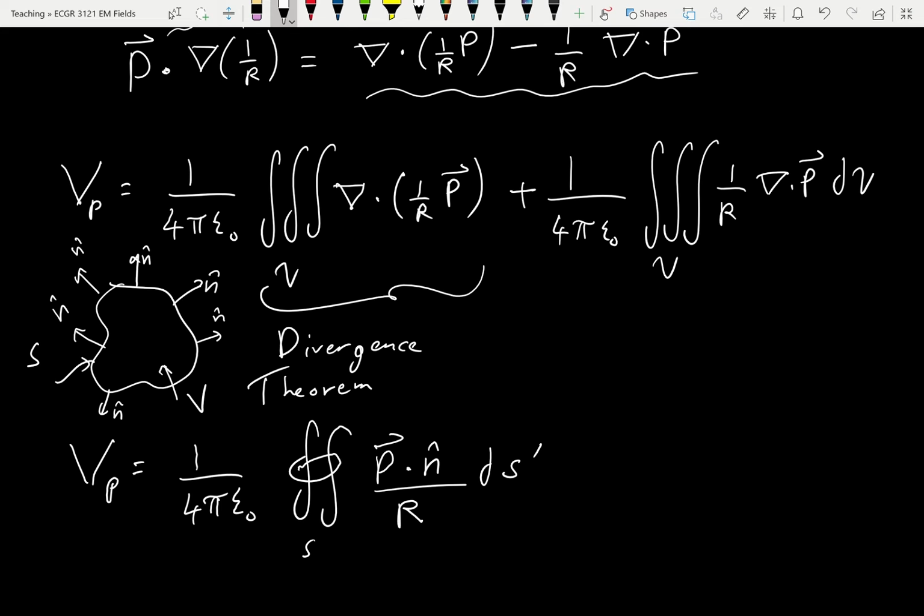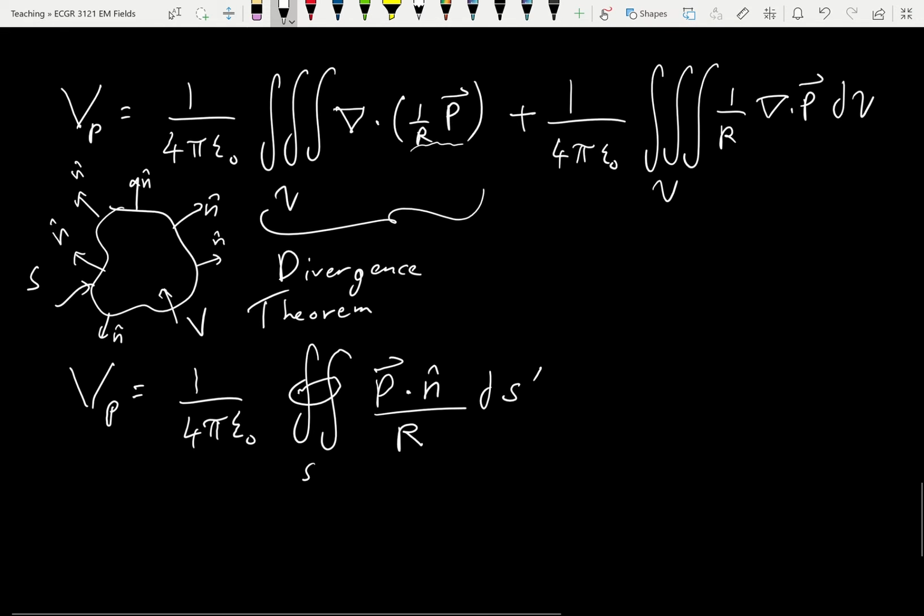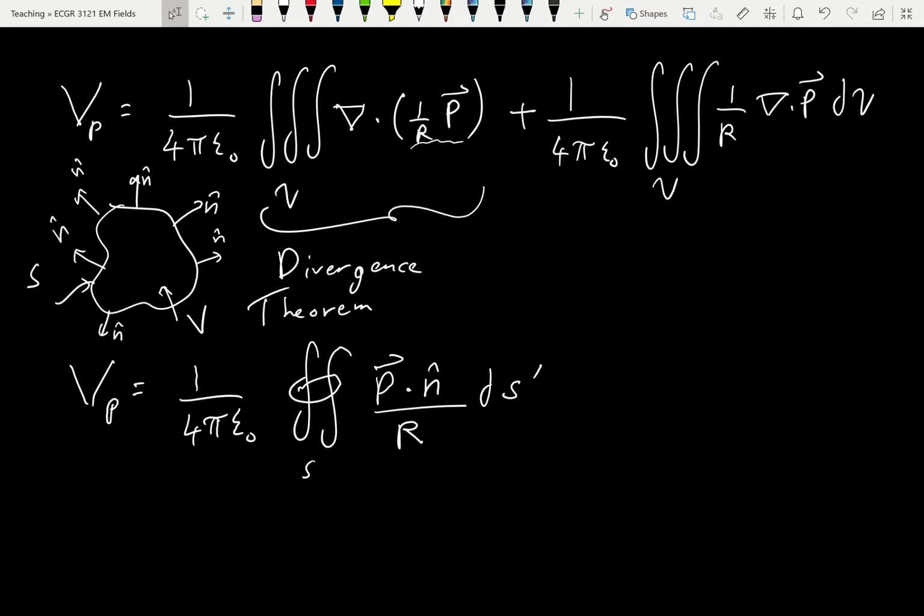So I just took this thing here and took the surface integral of it. That's the divergence theorem, right? ds prime is the surface element on the boundary.